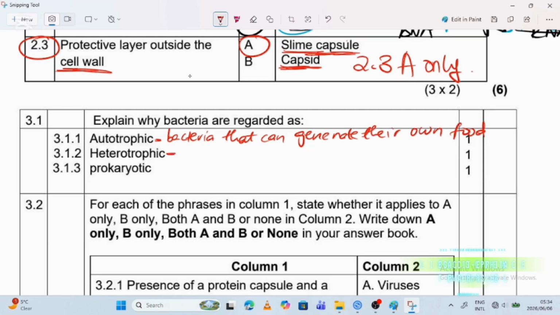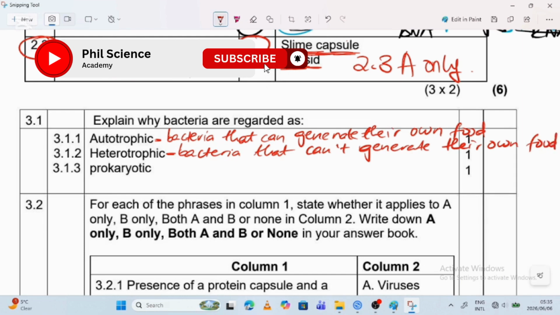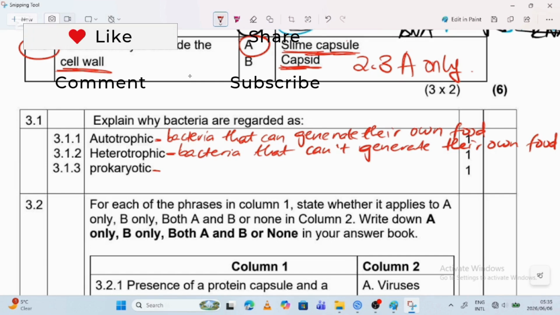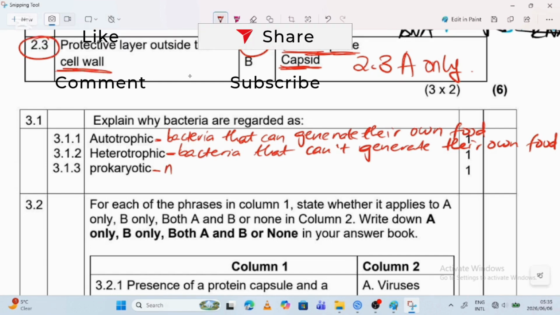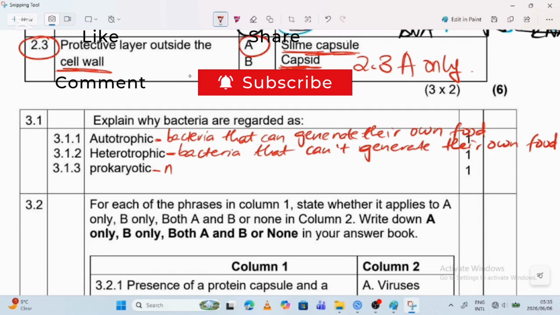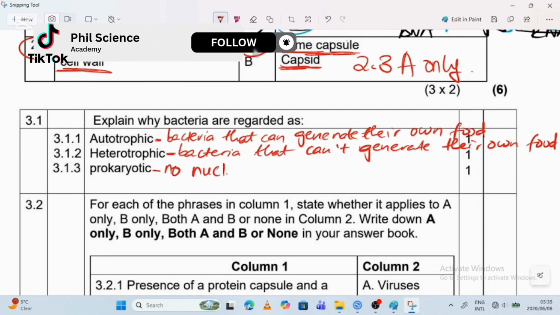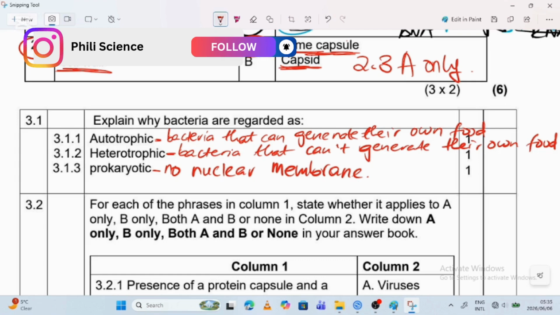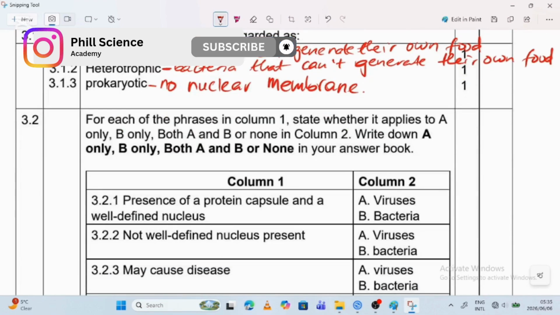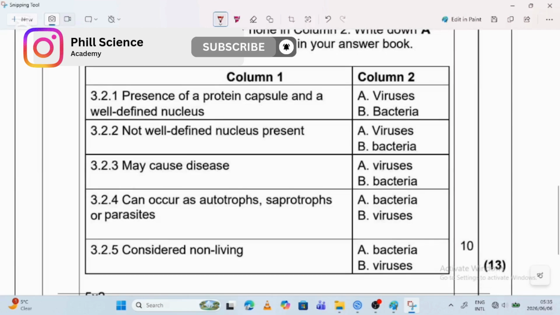And then heterotrophic are bacteria that can't generate their own food. And then prokaryotic, they don't have a nucleus. They have nuclear content, but they have no nuclear membrane. Right. But they have nuclear content.